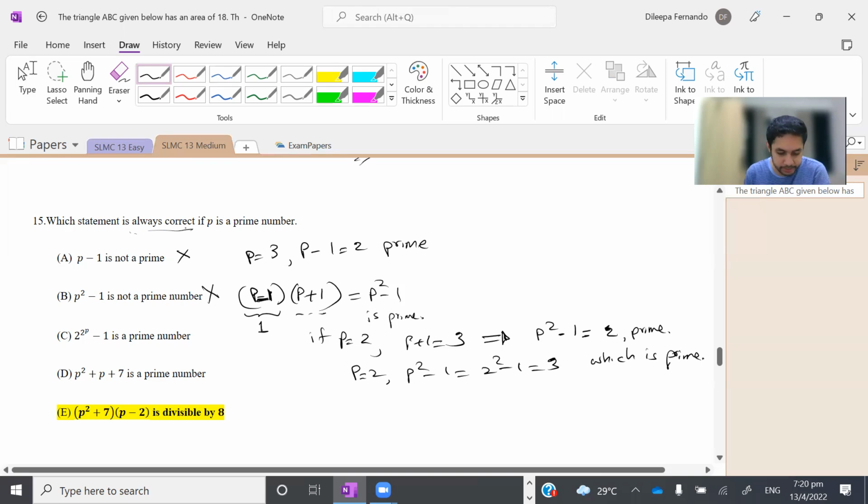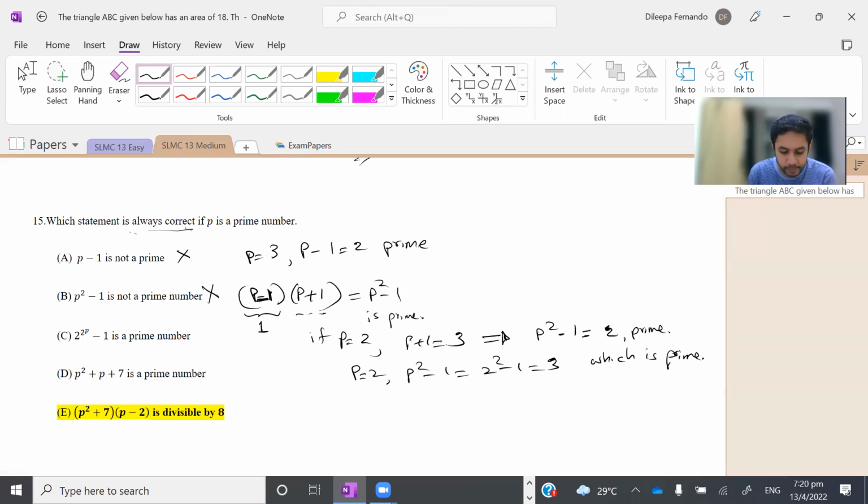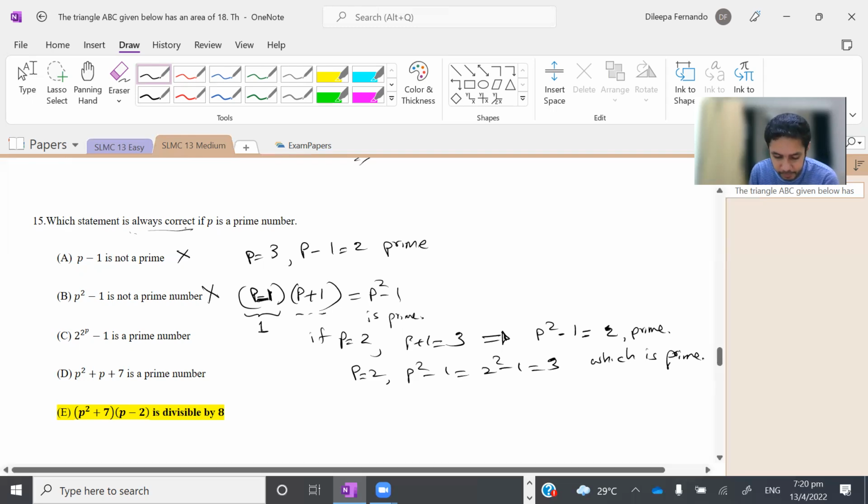Right. Now let's see C. 2 to the power 2p. Here also, just assume p is 2, because 2 is a prime.